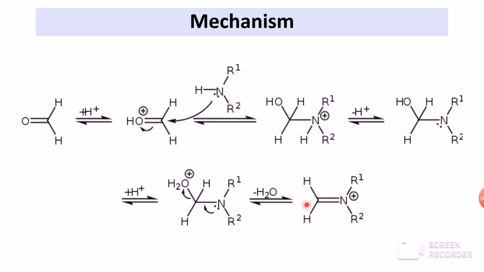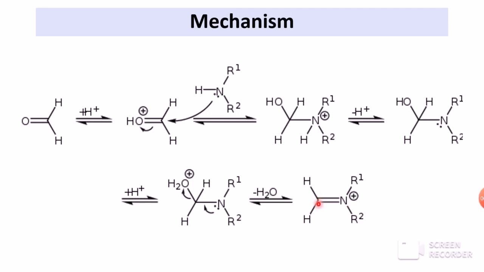This is the formaldehyde molecule, and this is the carbonyl group of the formaldehyde molecule. When this reacts with a secondary amine, primary amine, or ammonia, the oxygen is replaced by the amino group.